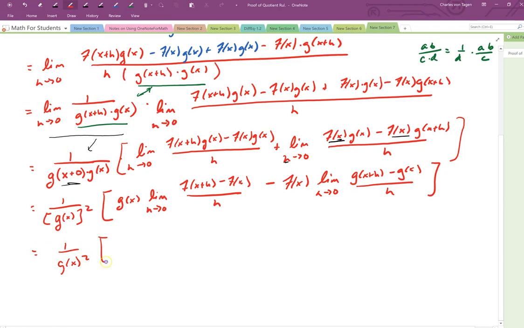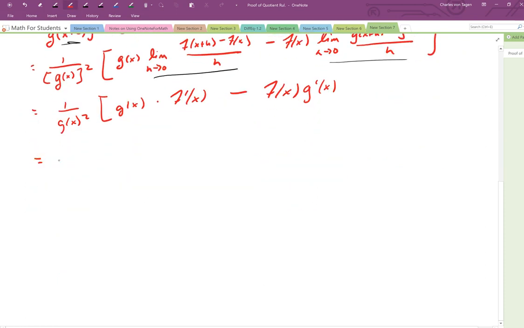Now all we need to recognize is that this expression right here is the limit definition of f prime of x, so we can replace that with f prime of x, times minus f of x, and then this limit expression right here is g prime of x, so we can replace all of that with g prime of x.